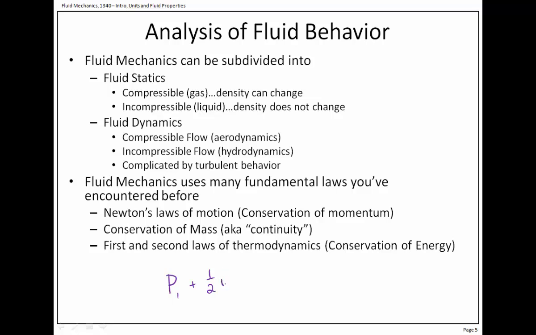It says that if the density remains the same, the pressure plus the velocity term plus the specific weight times the height at one point equals that of the other point. This is really an energy balance that says, if conservation of energy exists, you can go between those two points and make this statement.